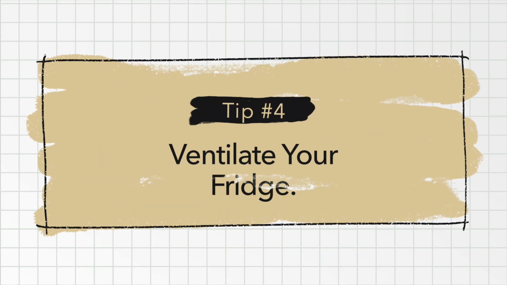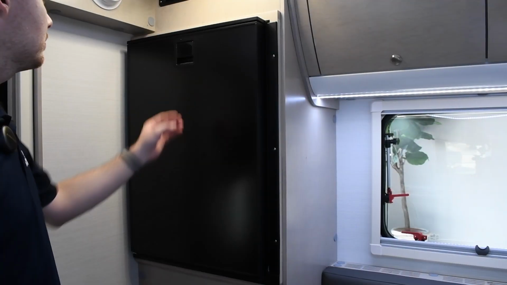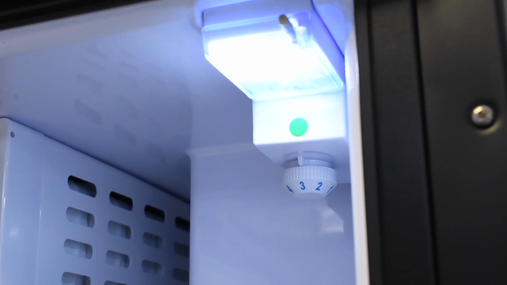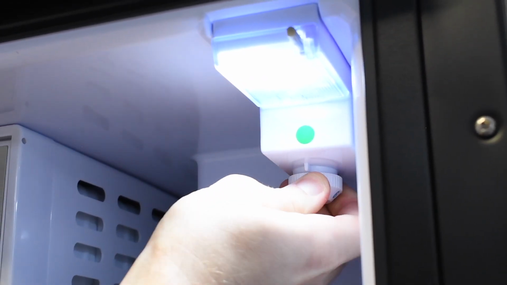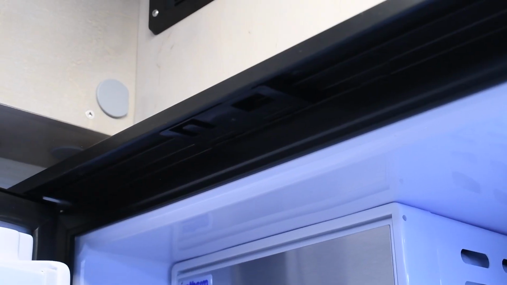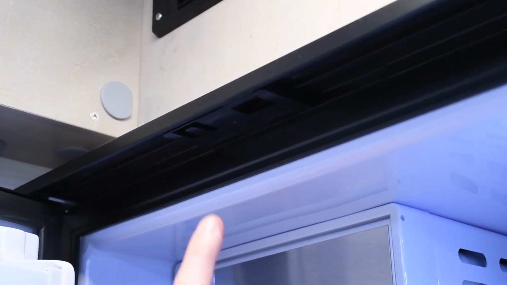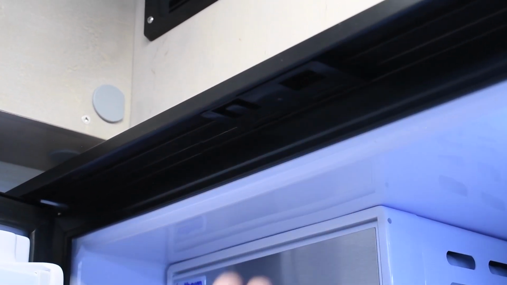Tip number 4. Ventilate your fridge during storage. Now, if you're storing the fridge long term, you're going to want to turn it off. Many fridges have a ventilation mode for storage. In this case, this fridge has a slider that you can adjust to put it into ventilate mode.